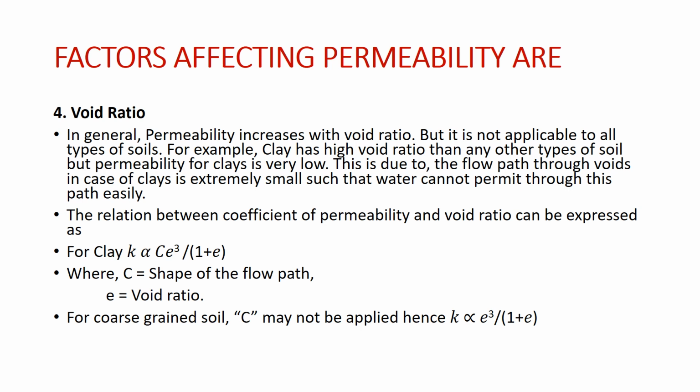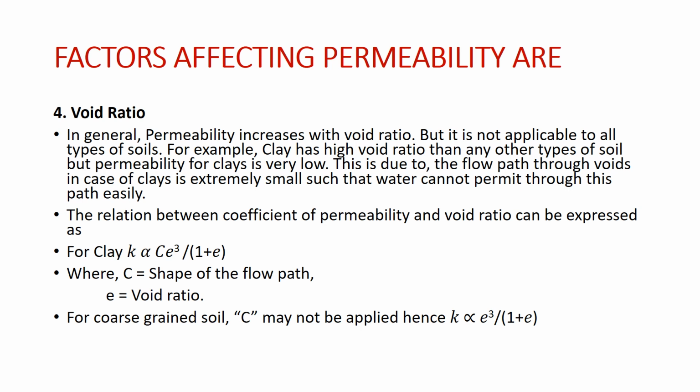But for clays, we can say K is directly proportional to some coefficient, then e cube upon 1 plus e, where e is void ratio. And for coarse grained soil, K is directly proportional to e cube upon 1 plus e.